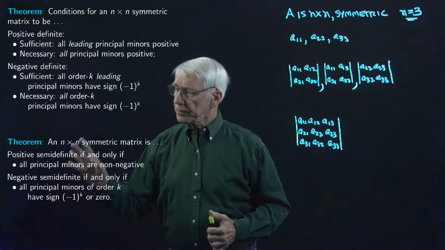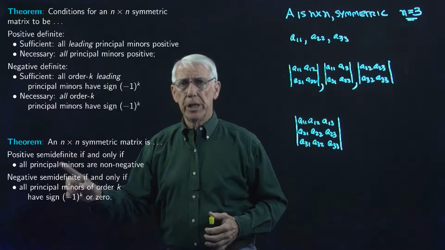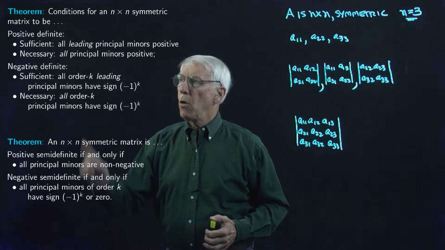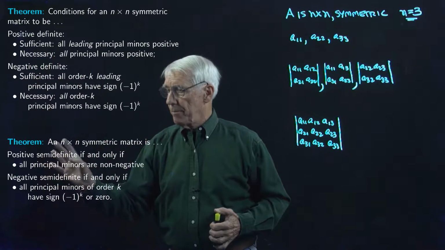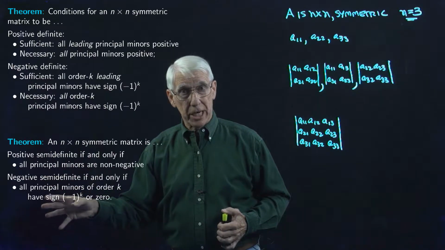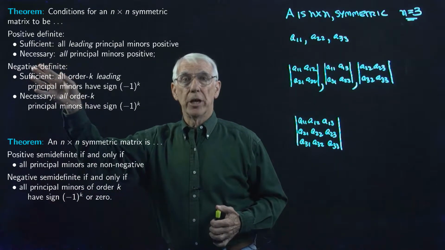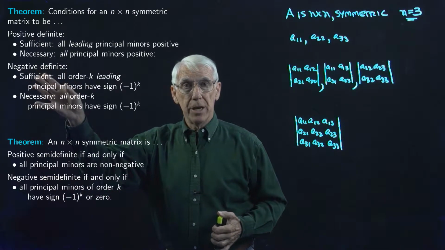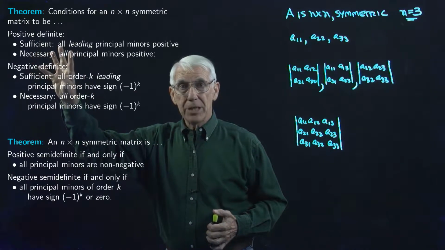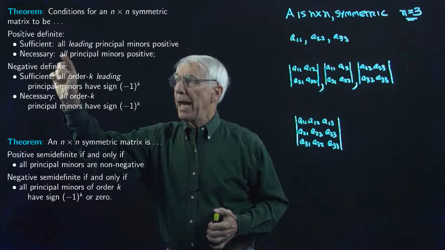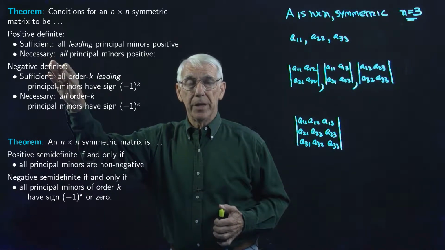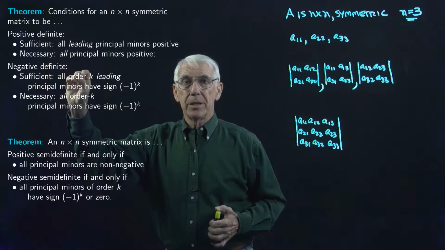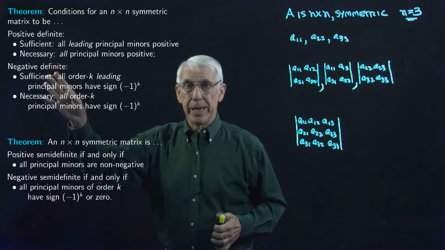And so here we have this single condition that's both necessary and sufficient, whereas up here we had a parallel condition on all the principal minors that was necessary, but in the case of positive or negative definiteness, we had a much weaker, if you like, condition that was sufficient to guarantee positive or negative definiteness.